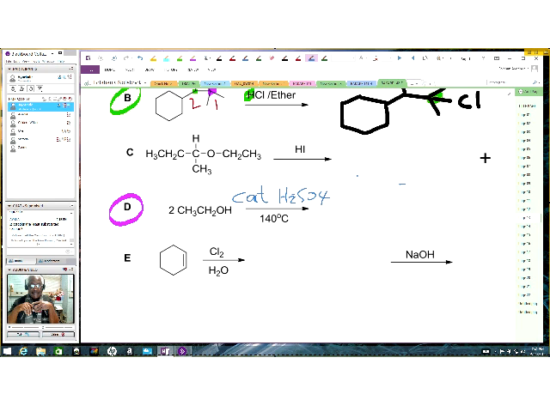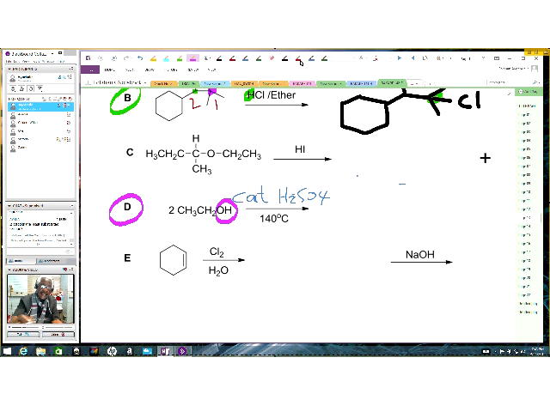Keep in mind, anytime you have an alcohol or an epoxide or an ether, and you have acid, the first thing that will happen is the protonation of the oxygen atom, thereby making the hydroxy group a good leaving group. And once that happens, another molecule of the alcohol will attack this carbon here.